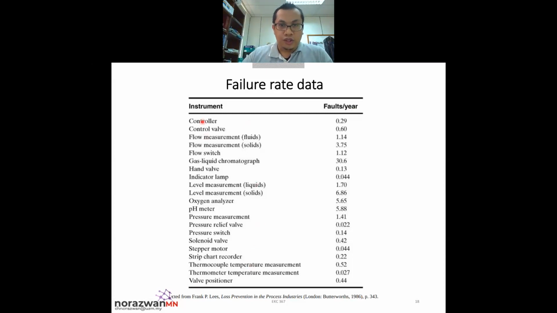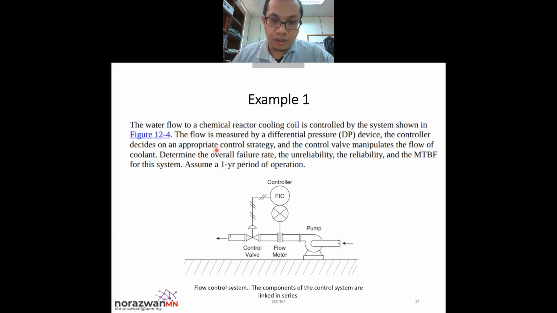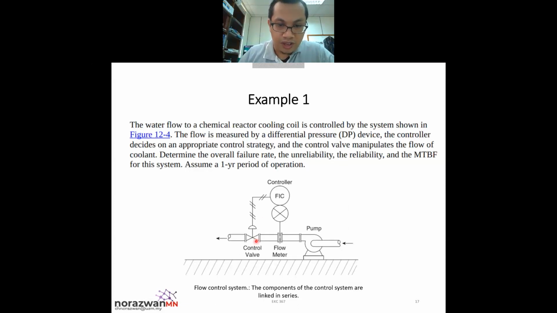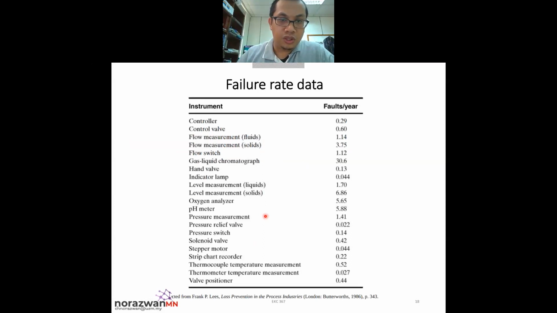So you have your controller at 0.29, control valve, and so on. From your figure or your system, you can find their failure rate data. For example, you know your control valve has a failure rate of 0.6 faults per year.